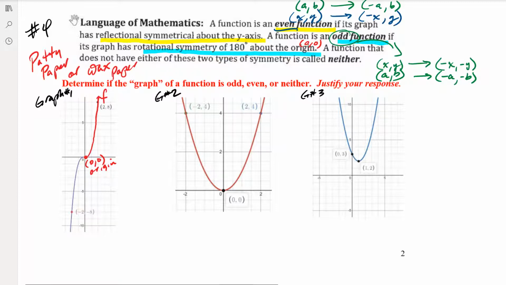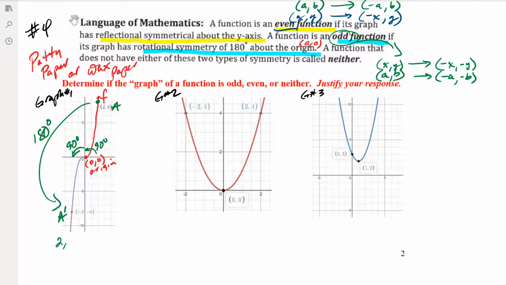If you trace this portion of the function in quadrant 1, and call this point 2 comma 8, point A, and you rotate it 180 degrees, meaning you line up the axes, also trace the x and y axes, and rotate it not just 90 degrees but another 90 degrees, then A goes to A prime, and 2 comma 8 will overlap negative 2 comma negative 8.